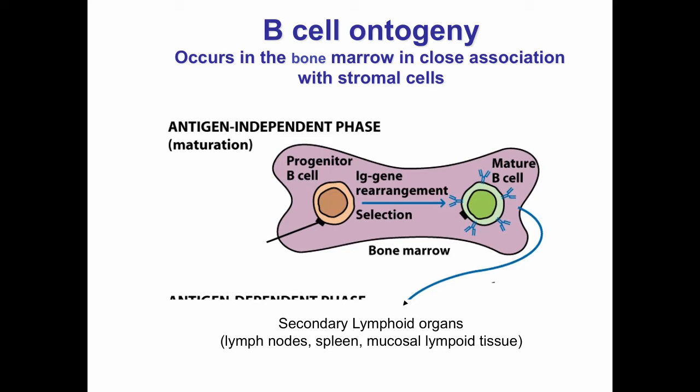The main job during both B and T cell development is to develop into individual cells that express a mature form of the antigen receptor. And that's what's being shown in this slide.